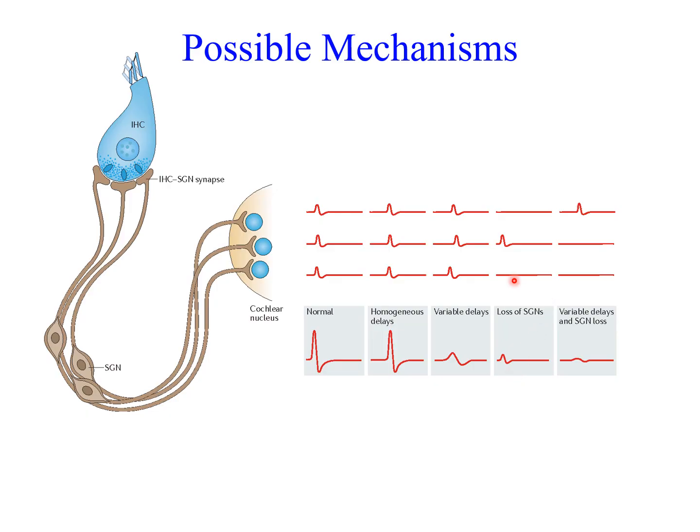And if you have variable delays, and on top of that, you have some loss of spiral ganglion neurons, as shown in the last condition here, you only have say one neuron surviving. The other two are not functional or dead. And this only surviving neuron also provides some amount of delay.